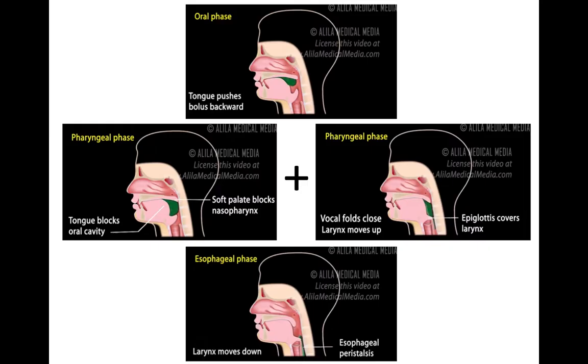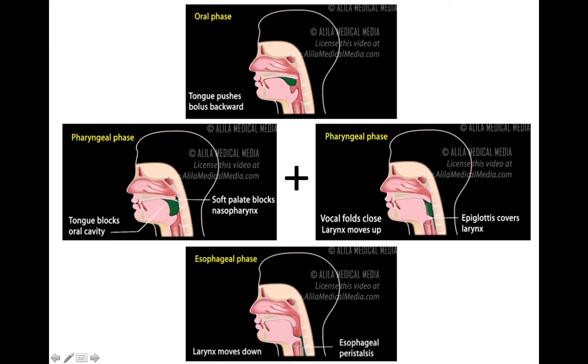So if we look at that just one more time, you're going to have the tongue take the chewed food that's been mixed with saliva into a bolus. It's going to push it back into the oropharynx. Here in the oropharynx, we're going to seal off the opening to the mouth.